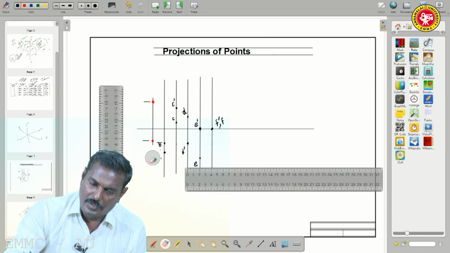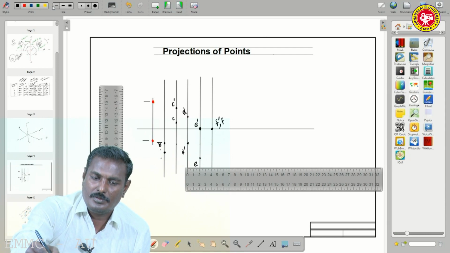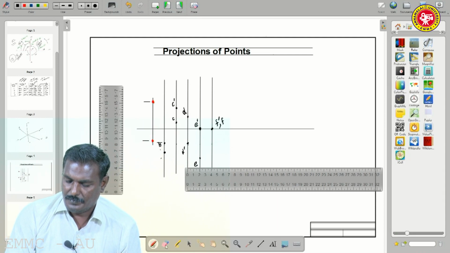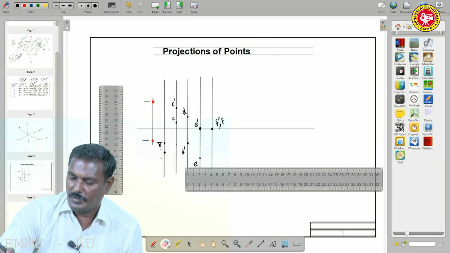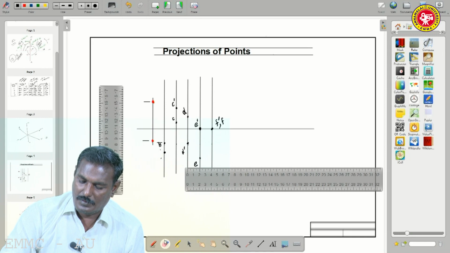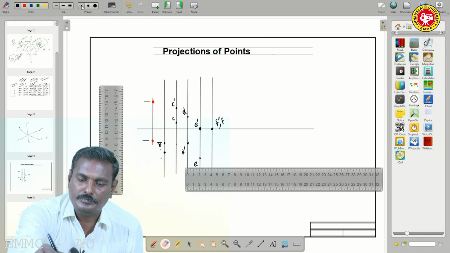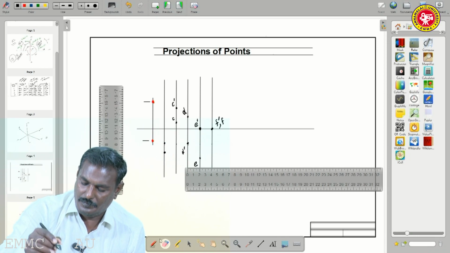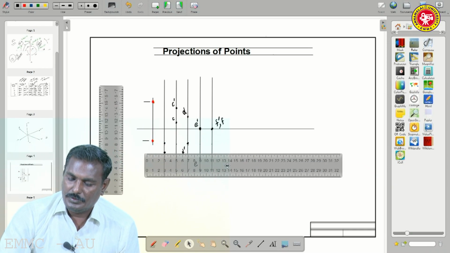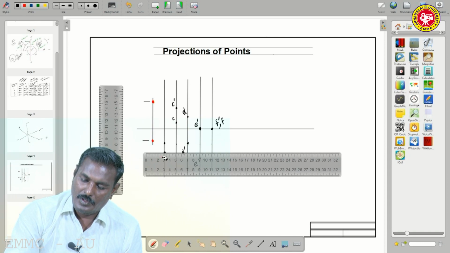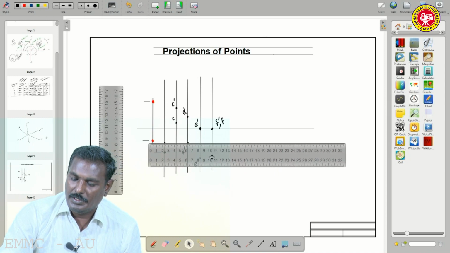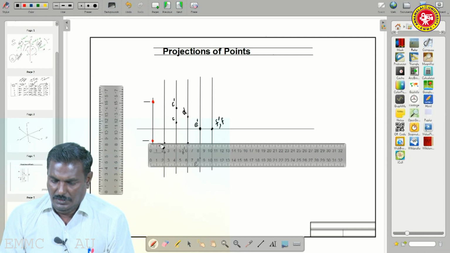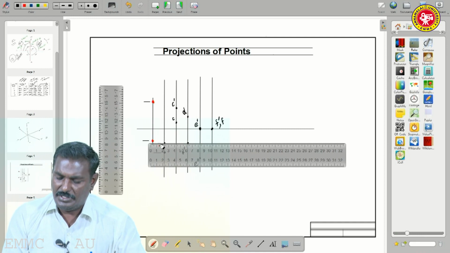So I just erase it. So now draw an extension line from here. It is important because it does not disturb the other dimensions, that is why.